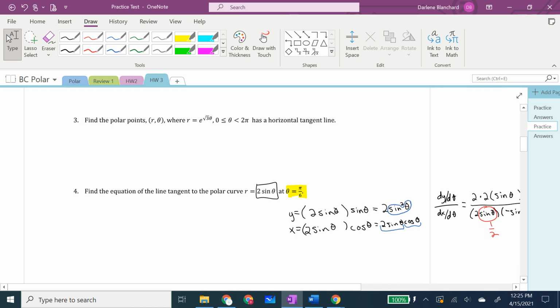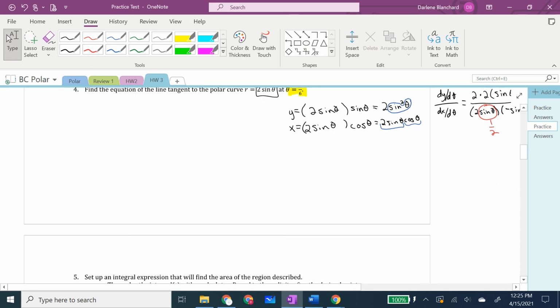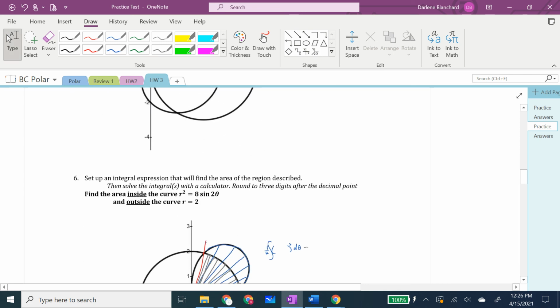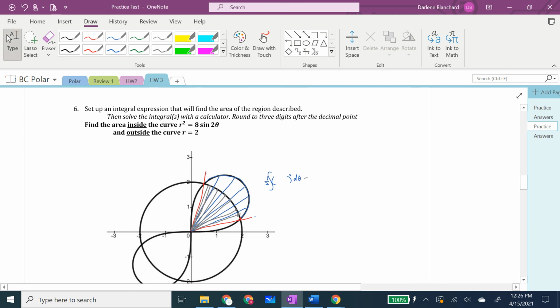So those 2, then there are going to be 3 graphs. One of them is going to be an inside both. Number 5 is an inside both. One of them is going to be an inside outside. Number 6 is an inside outside. And one of them is going to be a more straightforward one like number 10.